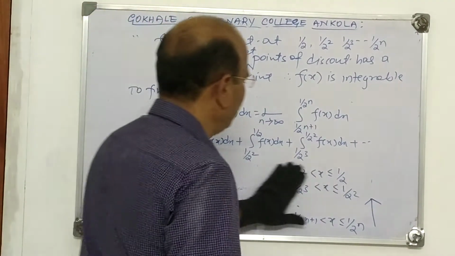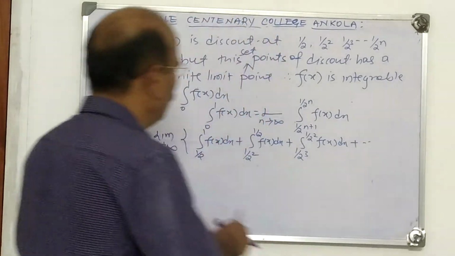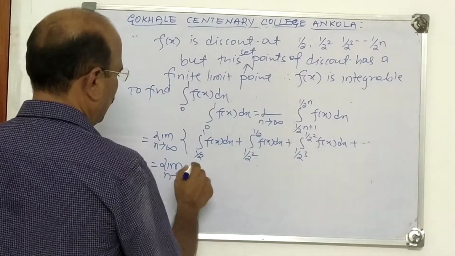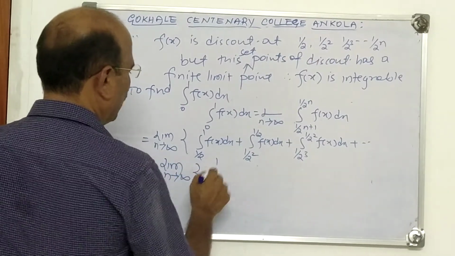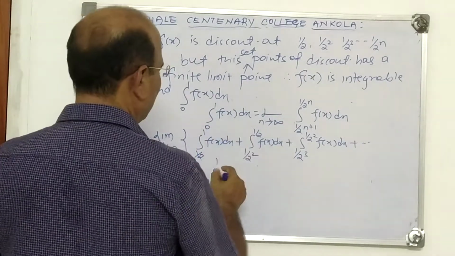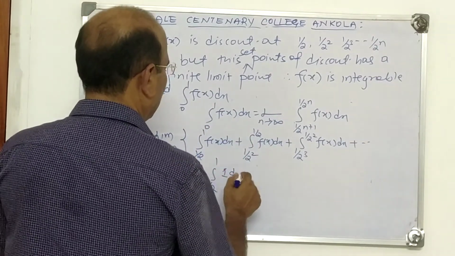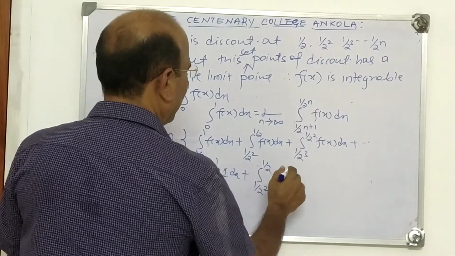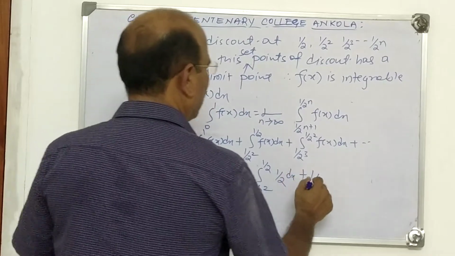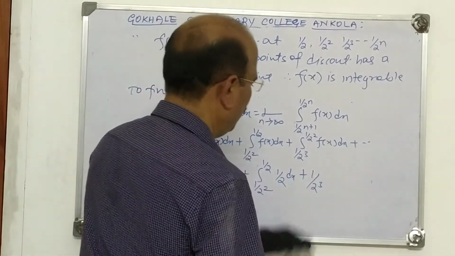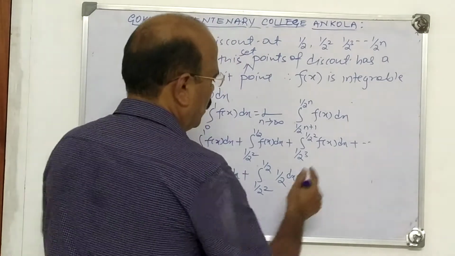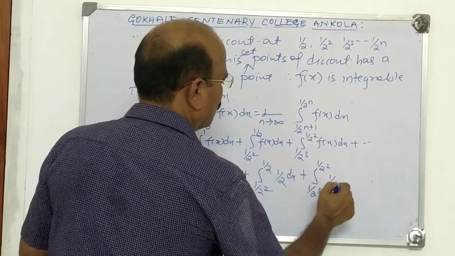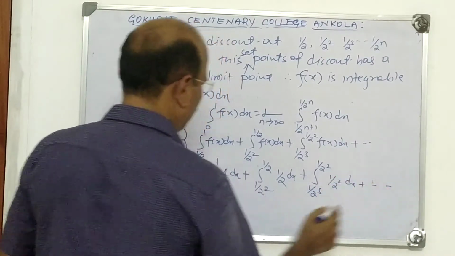Now how is it defined? We have listed the values of f(x). The limit as n tends to infinity of the integral from 1/2 to 1: how is it defined there? It is 1. Plus, from 1/2^2 to 1/2, it is 1/2. From 1/2^3 to 1/2^2, it is 1/2^2, and so on.